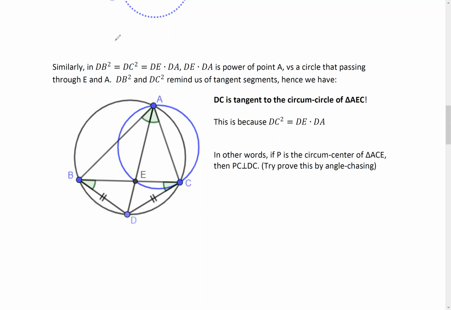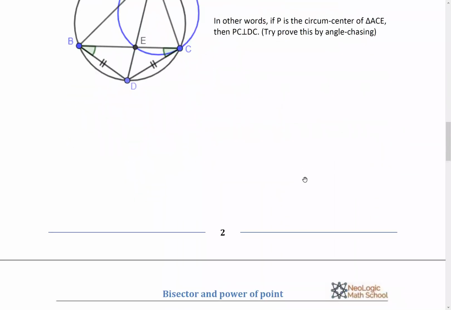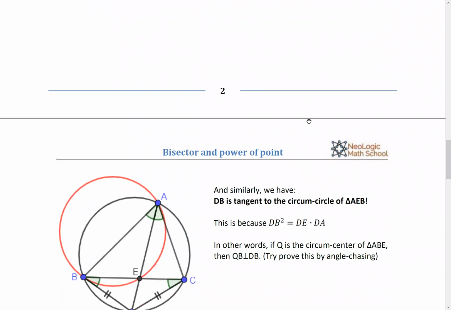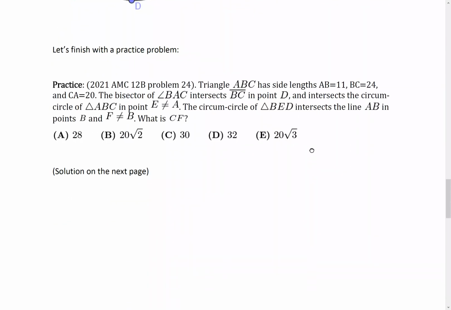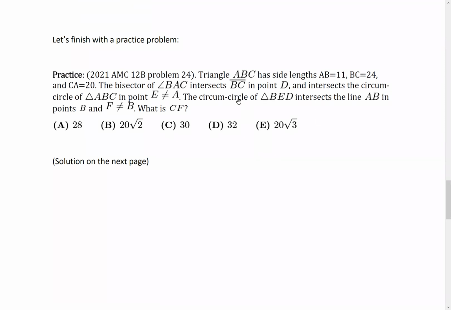All right, so I want to wrap it up by introducing a practice problem. This one was a problem of last year's AMC 12, problem 24. All right, so let's see. Triangle ABC has three sides. Bisector. Oh, so let's draw a graph.